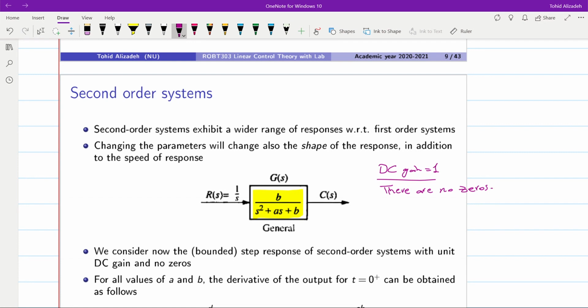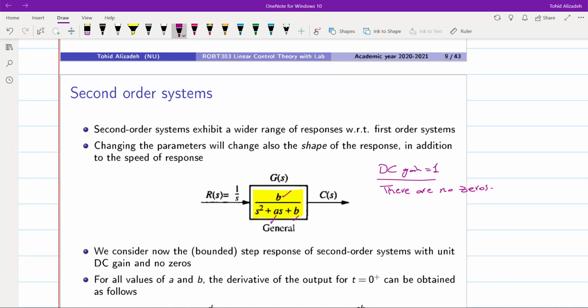Later we will discuss the effect of having additional zeros for our second order system. Based on the values of a and b, which appear as the parameters of the system, the poles of the second order system may be located in different situations, as we will discuss in the next slide.